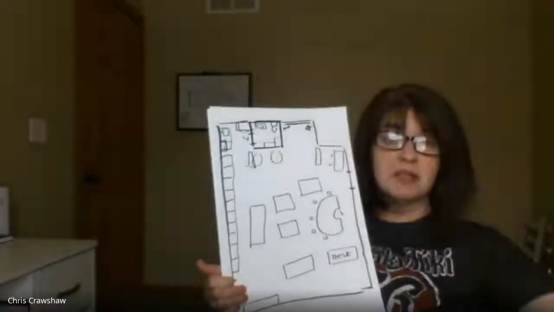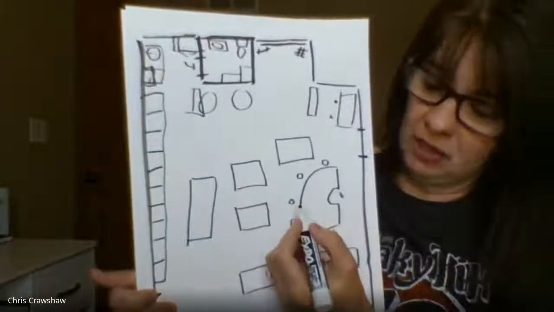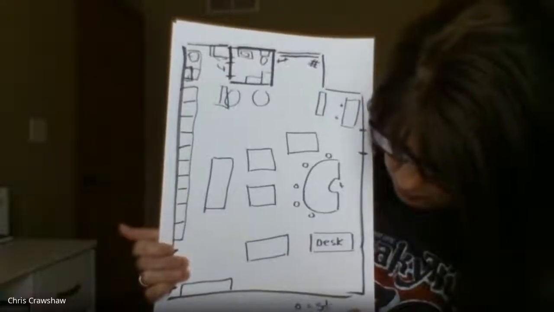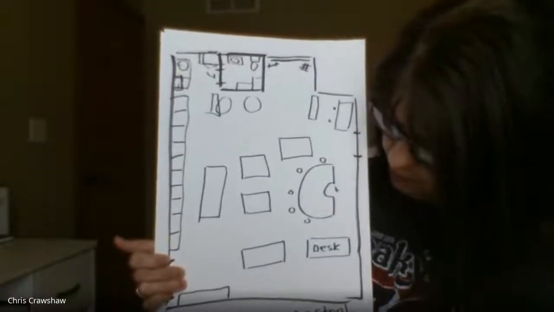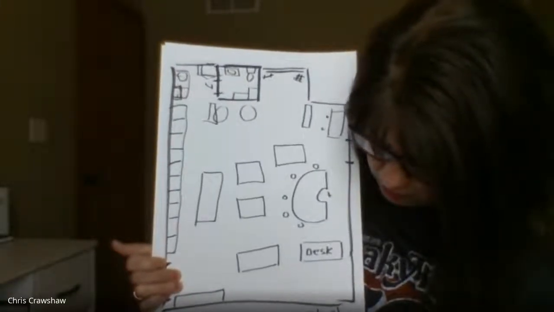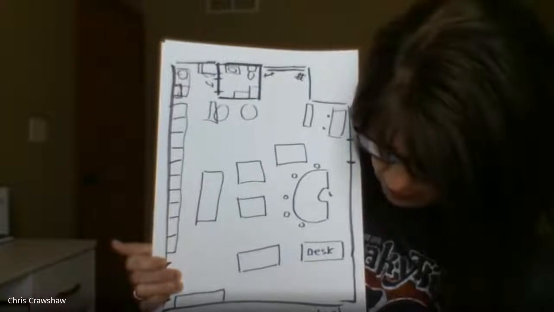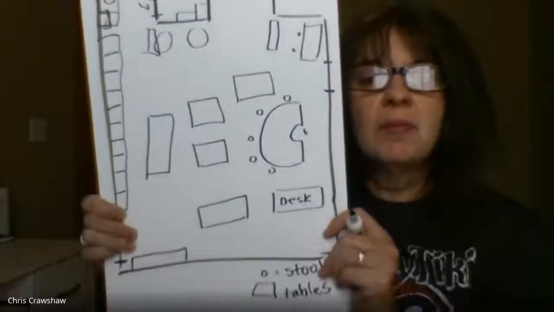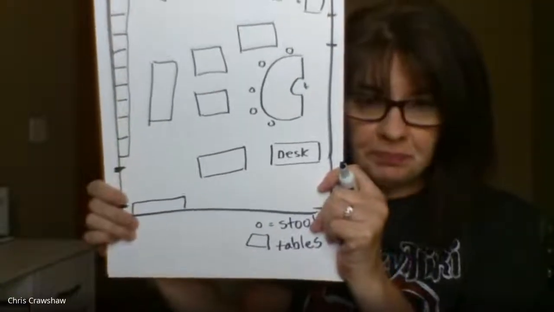Like our symbols on this, these little circles here, we could write in our symbols down here that the circle equals a stool. That's one of those stools that we sit on. And the rectangles and the squares are tables. So we could show all of those things in our symbols down here at the bottom.